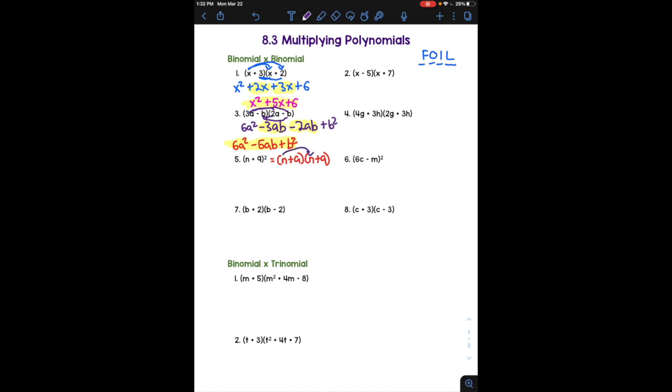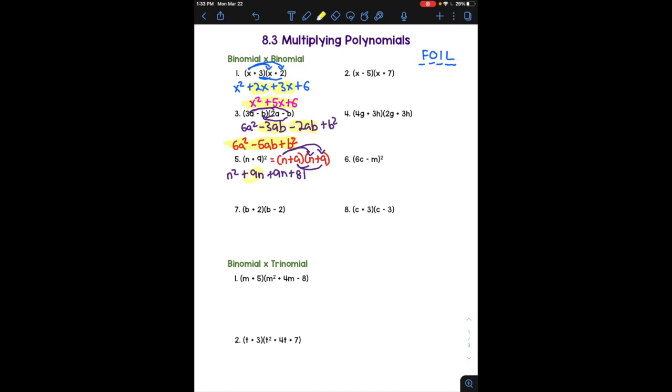I'm going to distribute the n to both of the terms in the second binomial, giving us n squared plus 9n. And then I'll distribute the 9 times both terms in the second binomial, giving us 9n plus 81.